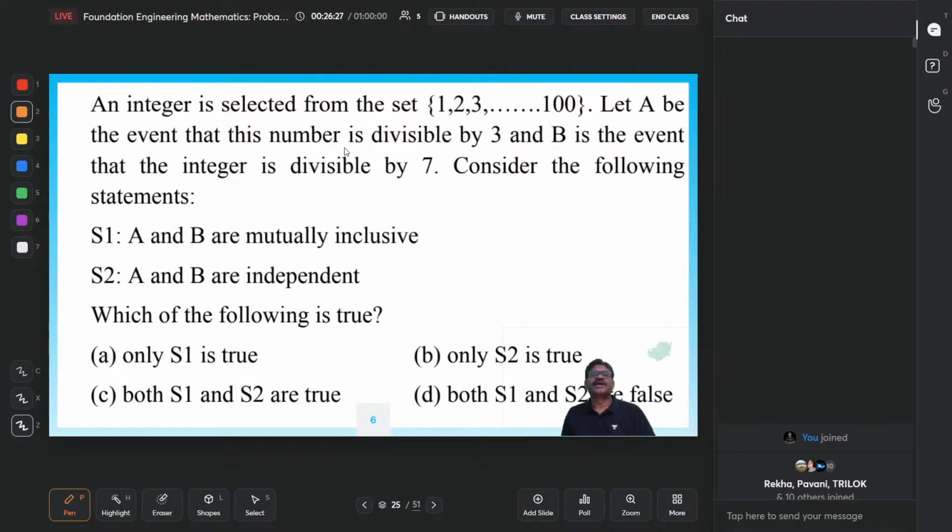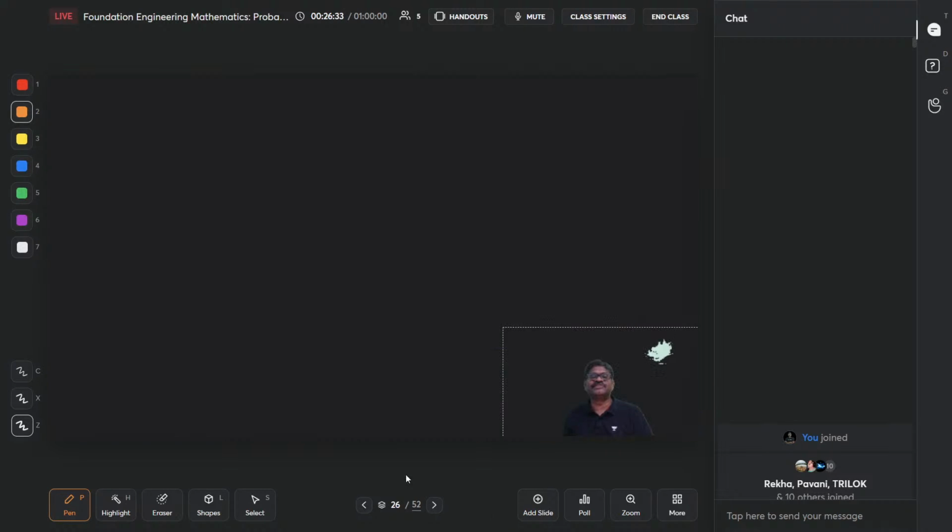Observe, a number is selected at random from 1 to 100. What is the chance that it is divisible by 3? That is event A. Probability that the number selected at random is divisible by 3 is 33 by 100. The number is divisible by 7, that is 14 by 100.